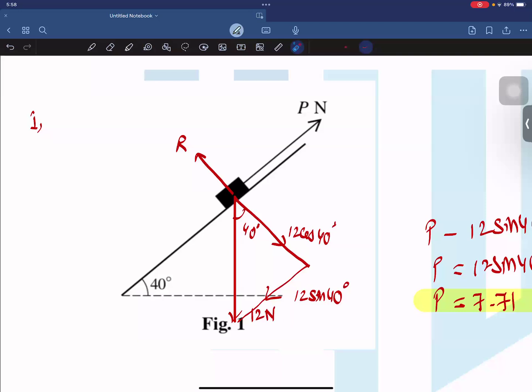This is basically the component of the weight which is perpendicular to the plane, and here we have the component which is along the plane, which is opposite to the angle 40. Then here we have the normal contact force which is always perpendicular to the plane, and P is acting up the plane.